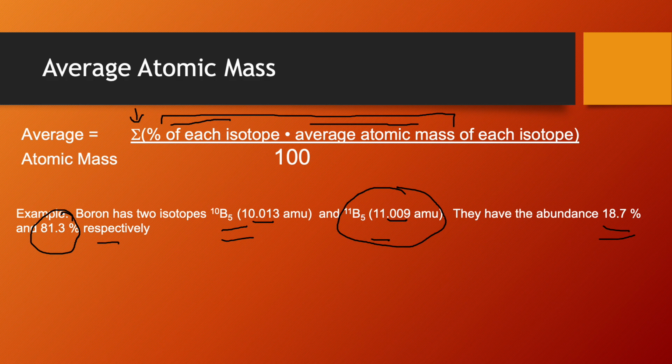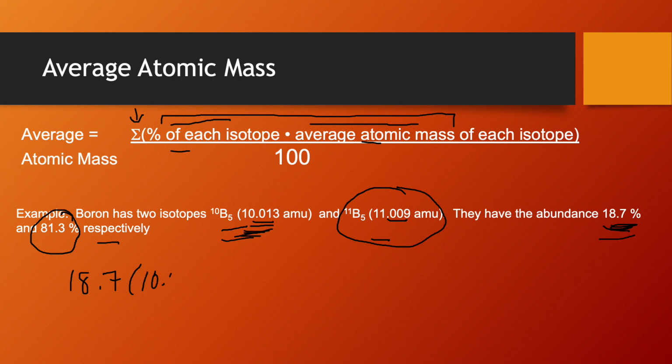So to calculate, we're going to take the sum of the percent times the average atomic mass. So our first percent, 18.7. We're going to multiply that by the average atomic mass of the isotope. Well, that one was 10.013. But remember, we use to the hundredths place.